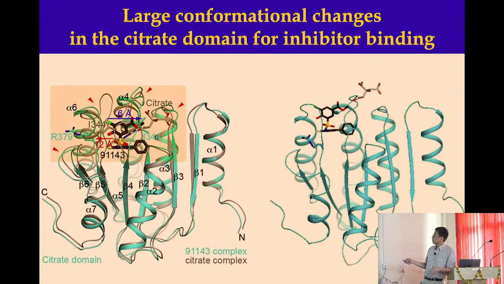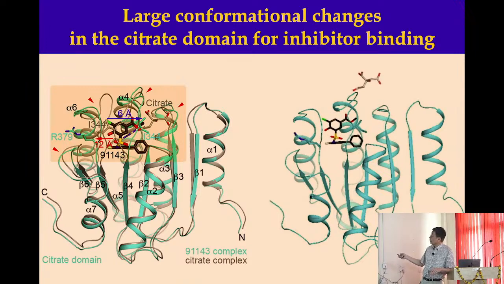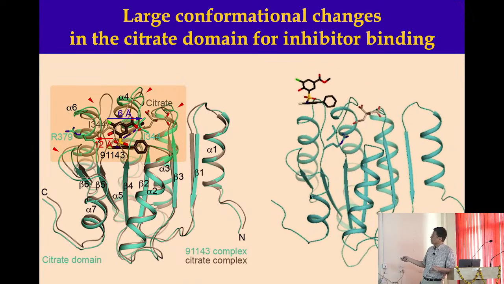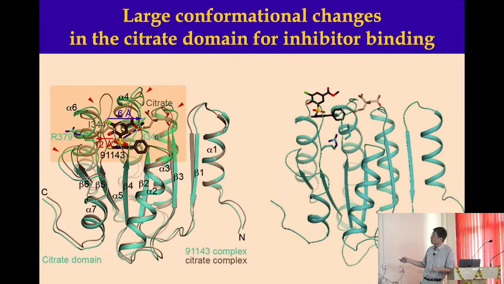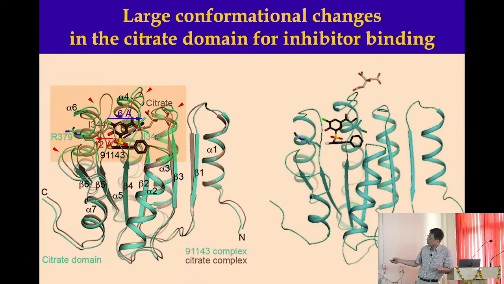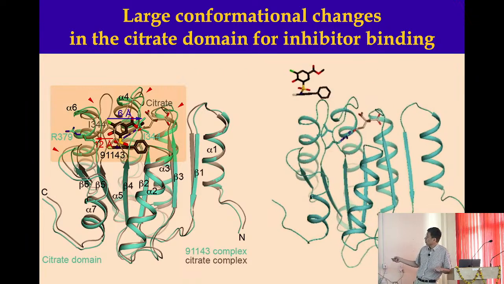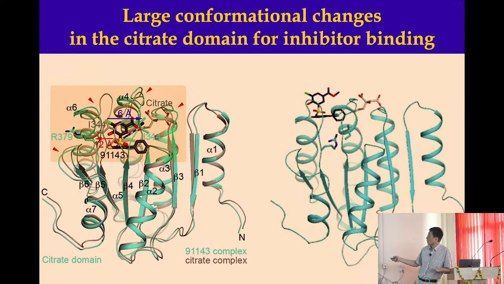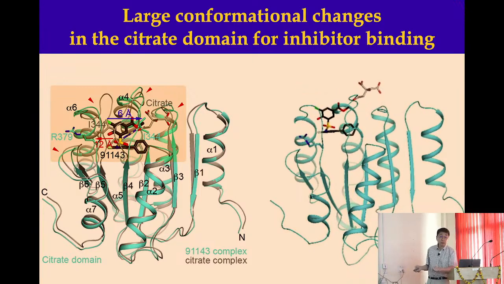So essentially, there is no binding site in the regular enzyme, in the native enzyme. Only through this very large conformational change can you allow the compound to bind. And all these changes are illustrated on the left as well. The arginine you can see swing from here all the way to the outside. So very dramatic conformational changes.